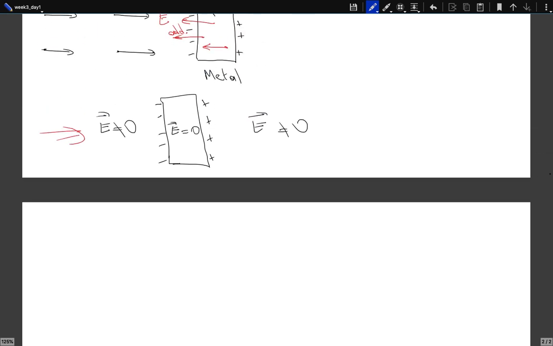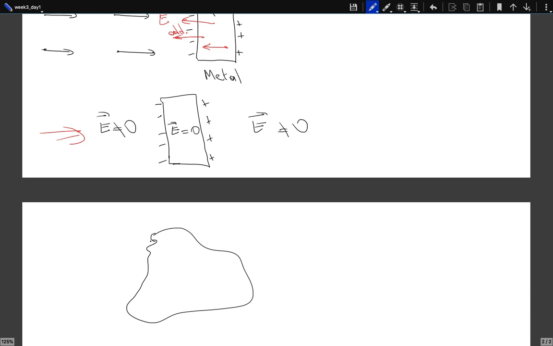Now, basically, we can apply the same principle to more complicated configurations also. Let's see. Suppose we don't have such a regular shape, but we can imagine an irregular shape. Well, the basic idea will still hold. If there is an external electric field, the charges inside will move around until the electric field created by these induced charges exactly cancels the external applied electric field.